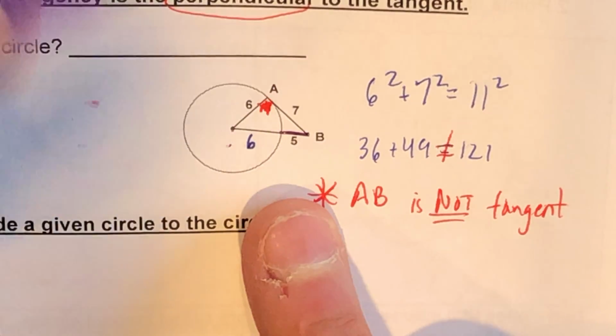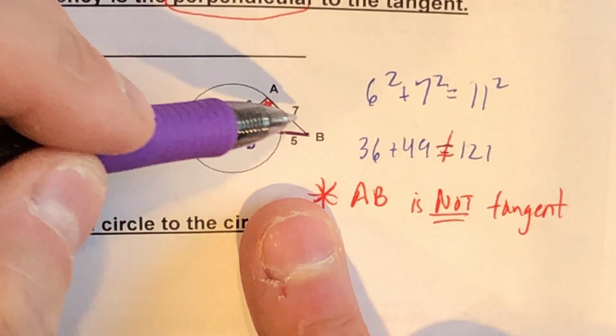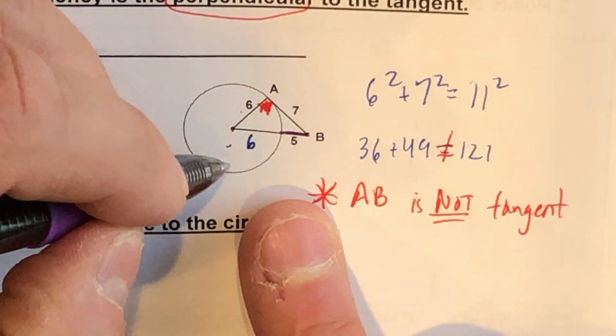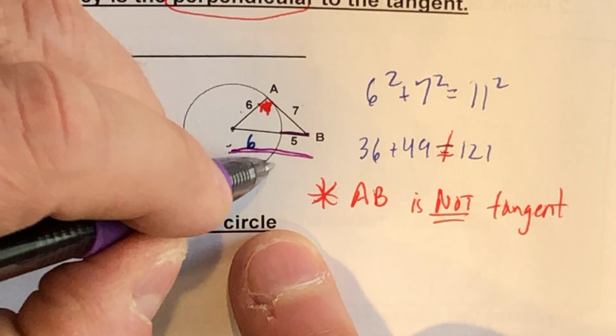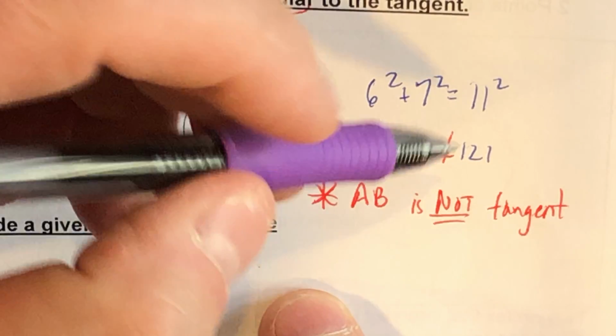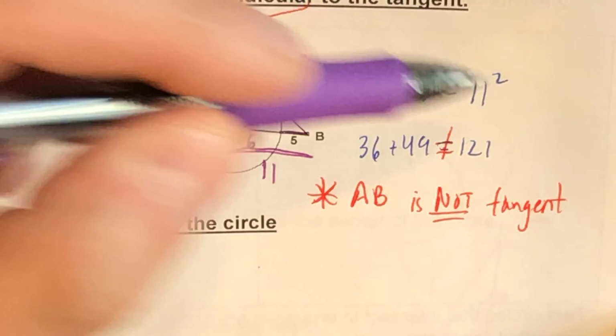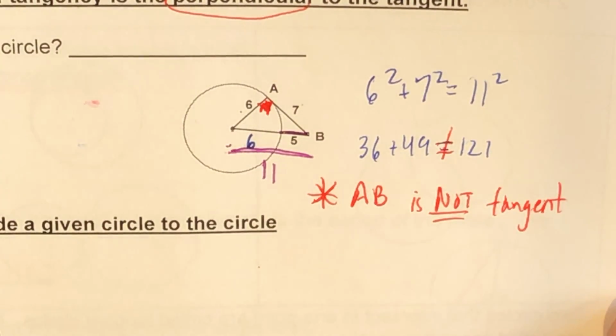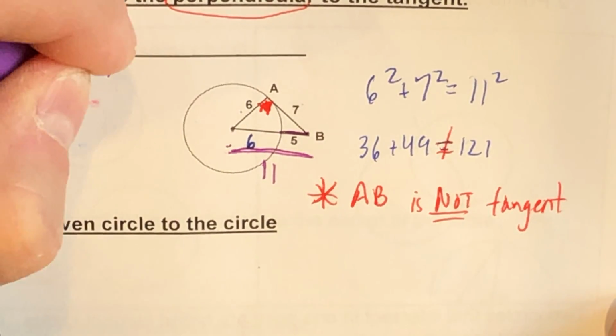If this is a right triangle, I will have 6 squared plus 7 squared equals the whole length of that triangle, which is 11 long, right? So 6 squared plus 7 squared equals 11 squared, Pythagorean theorem. And so that's how you can test.